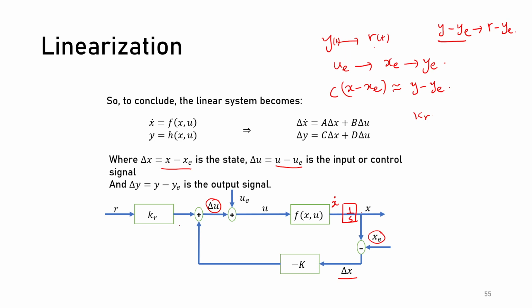Okay, I can call here as... let me multiply R minus y equilibrium by KR, so I can have KR times R and minus KR times y equilibrium.